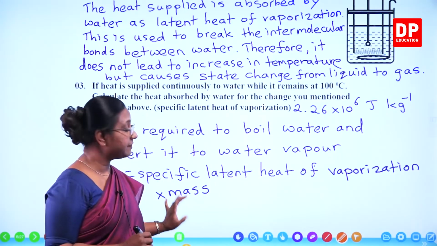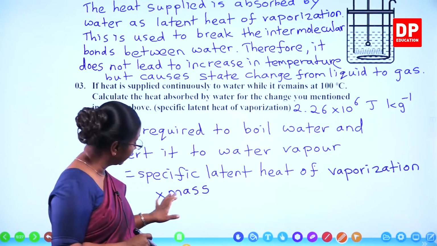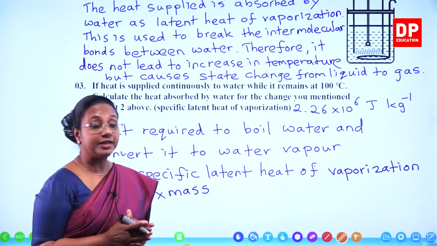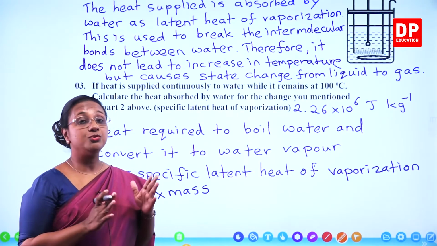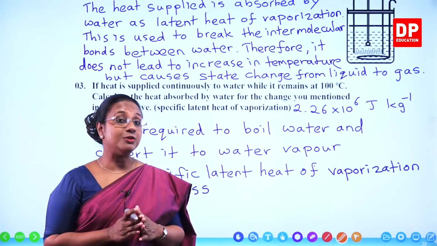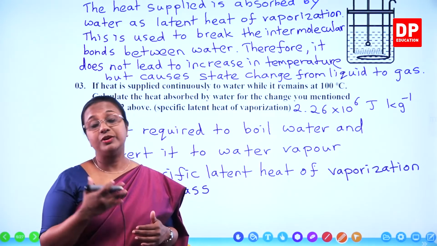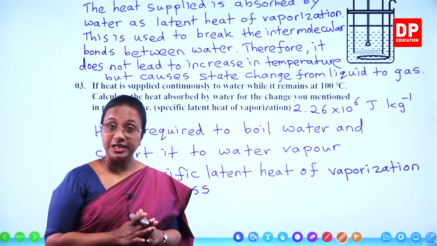If the mass is different, you have to multiply by mass. That has to be in kilograms and this will have the value joules per kilogram. And you all know students, you don't have to memorize the values for specific latent heat, all those will be given to you in your question paper to do the calculation.